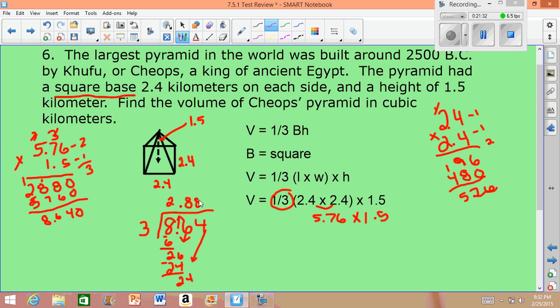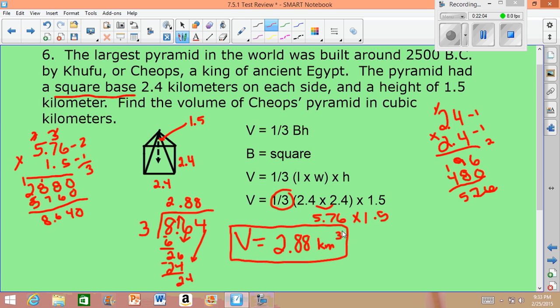And 3 goes into 24 8 times. So our volume for this pyramid is 2.88 kilometers, and we're talking about volume, so it is cubed. So 2.88 kilometers cubed.